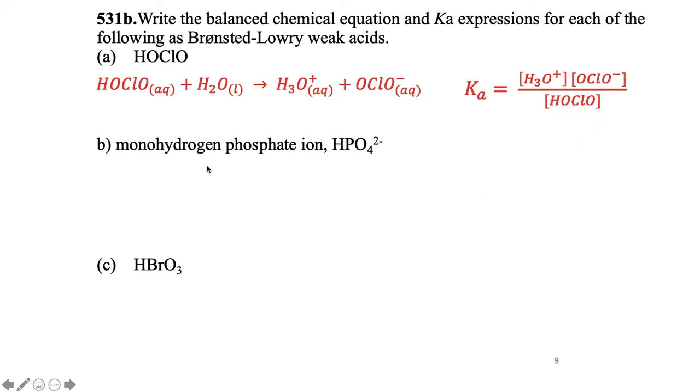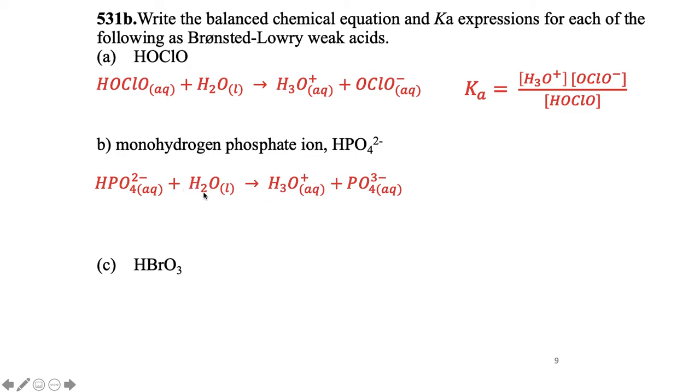Let's look at the monohydrogen phosphate ion, HPO4 2 minus. It's acting as the acid, which means it's going to get rid of the H plus. Here's the reaction: HPO4 2 minus plus a water, which is acting as the acceptor, the base, giving me H3O plus.